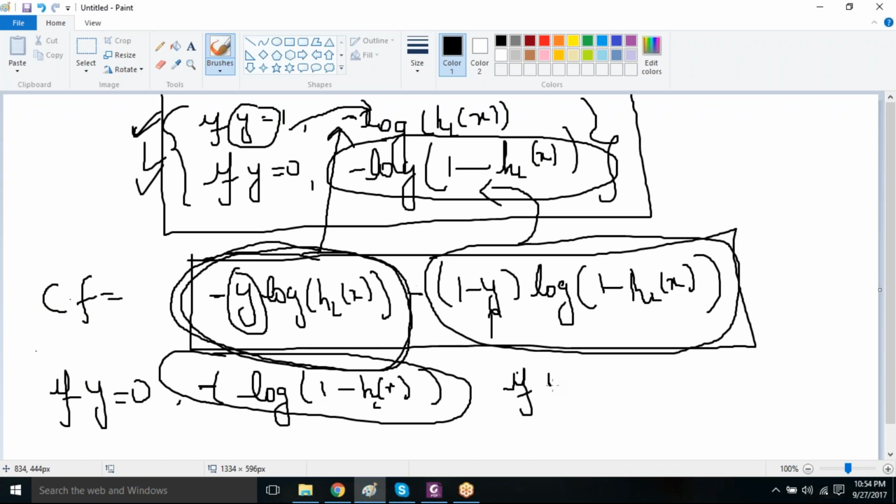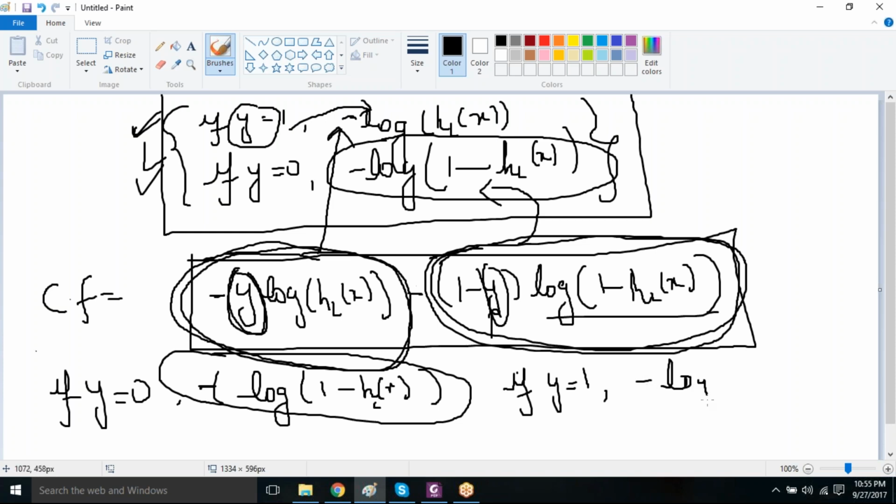Now if y equal to 1, let's say the other scenario. If y equal to 1, this whole term will go 0. 1 minus 1 is 0, and 0 multiplied by this whole thing will become 0. So only this thing you will be left with, and this y is again 1. So 1 multiplied with this will be the thing. So now what has this become?